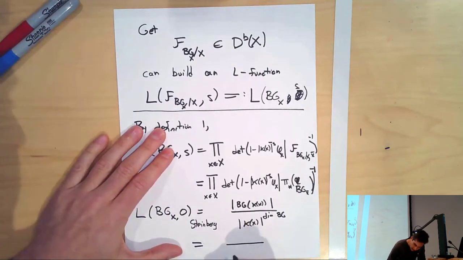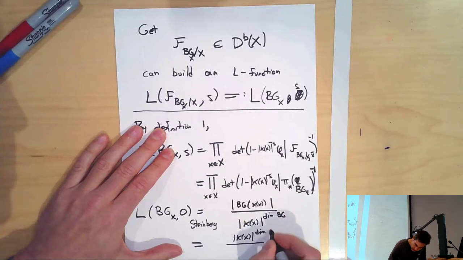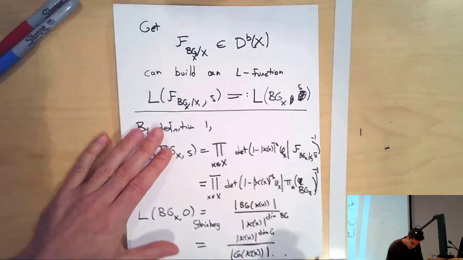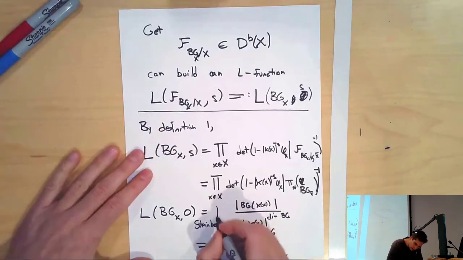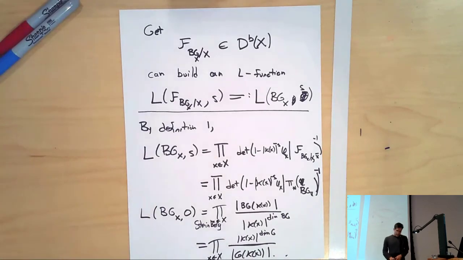A more concrete way of writing it is to say that it's the size of the residue field raised to the power equal to the dimension of G divided by the size of the finite group G of kappa x. Oh, sorry, and there's a product over all x in X. And you might recognize this product. It's one side of the mass formula.